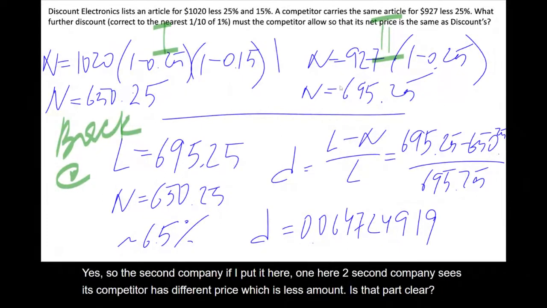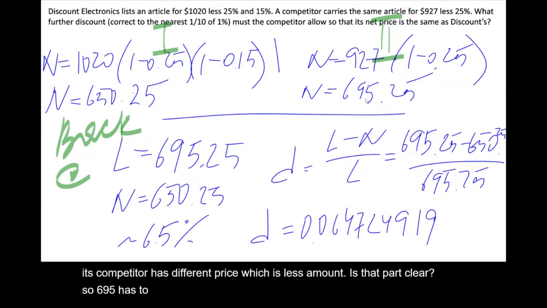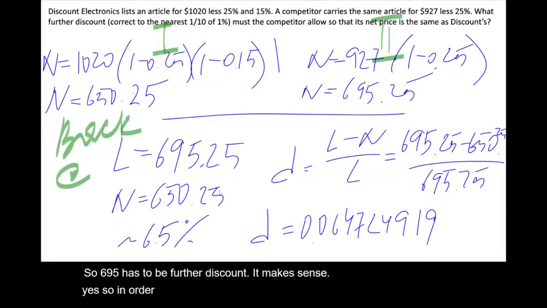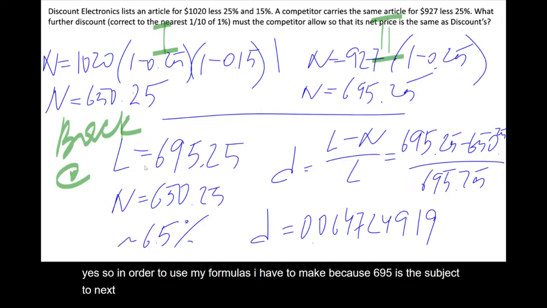So 695 has to be further discounted. Make sense? Yes. So in order to use my formulas, I have to make it, because 695 is subject to the next discount. So this is the undiscounted price, which is L. That's why.